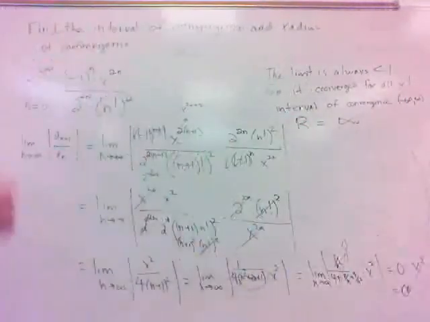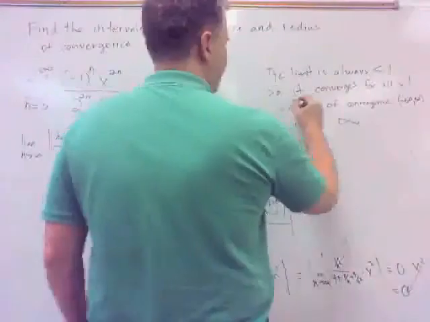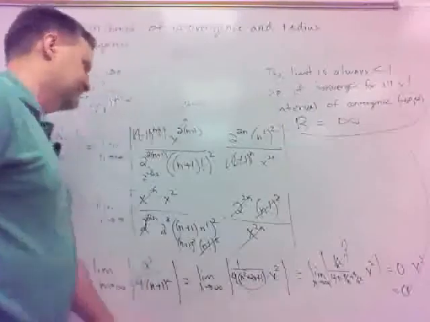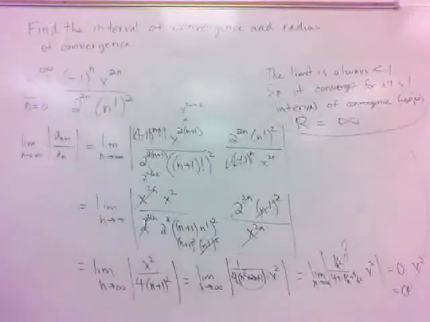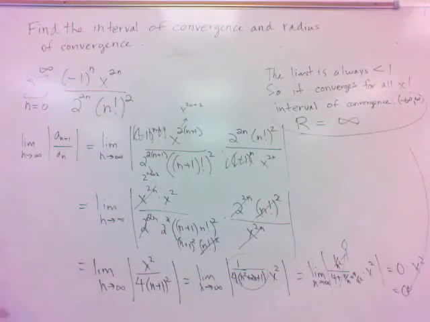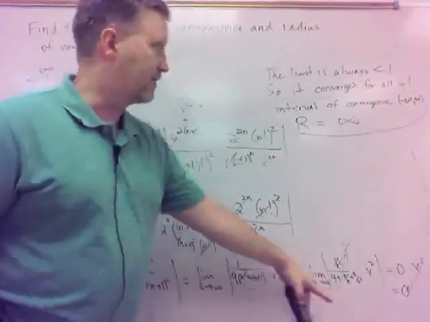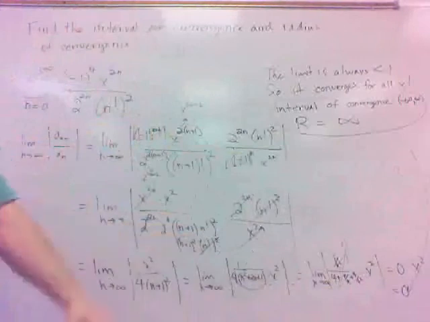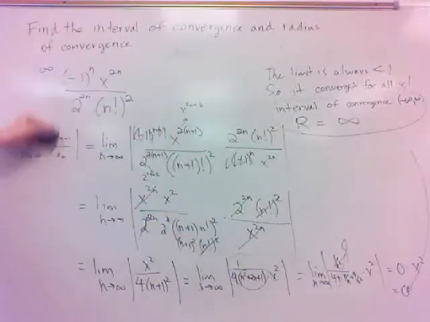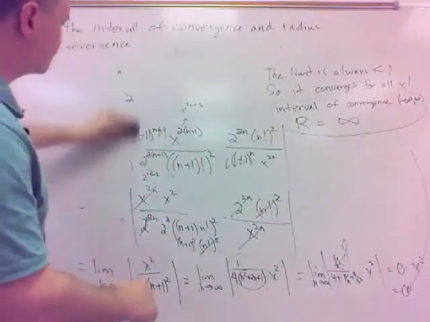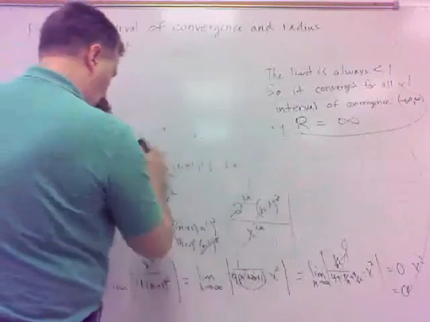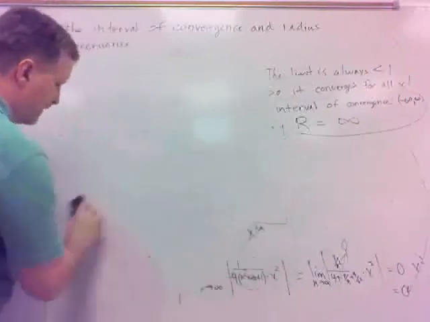It'd be infinite radius of convergence too. All right, is that okay? All right, so that could happen. Yeah, if you get this limit going to 0, you've got convergence everywhere.